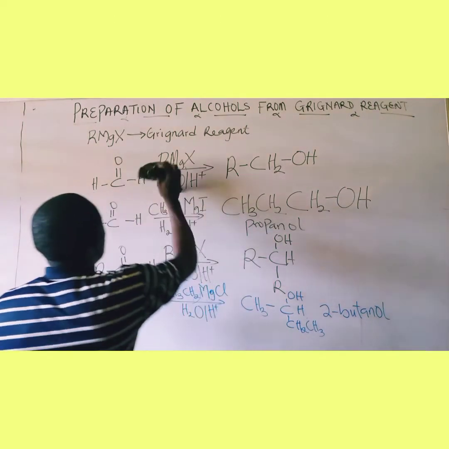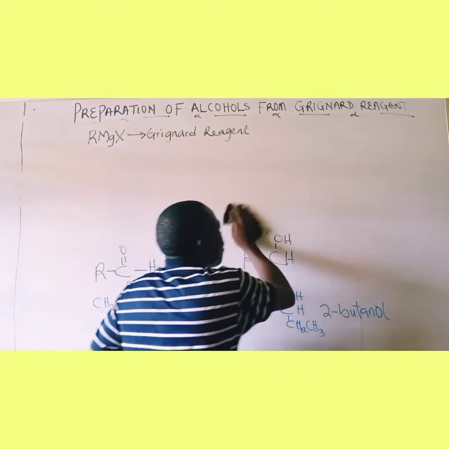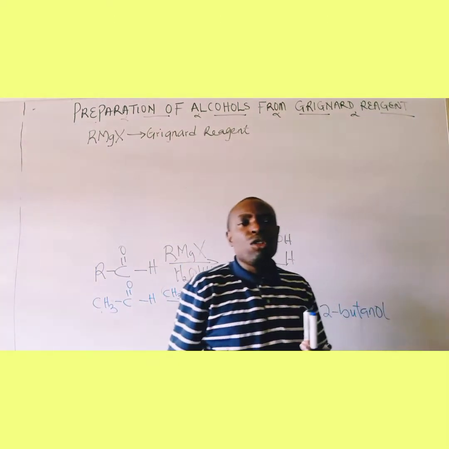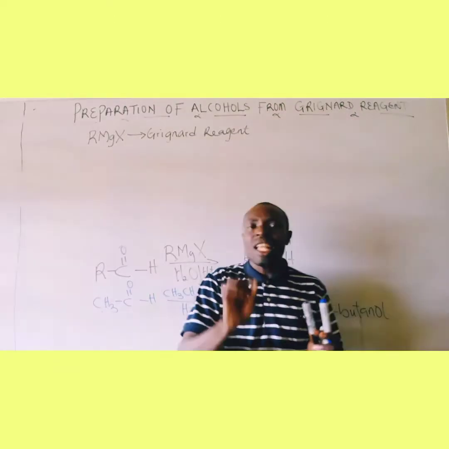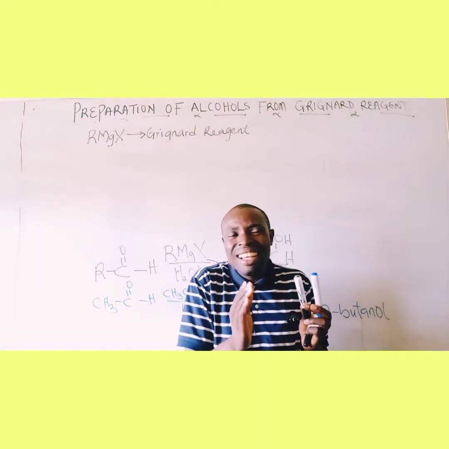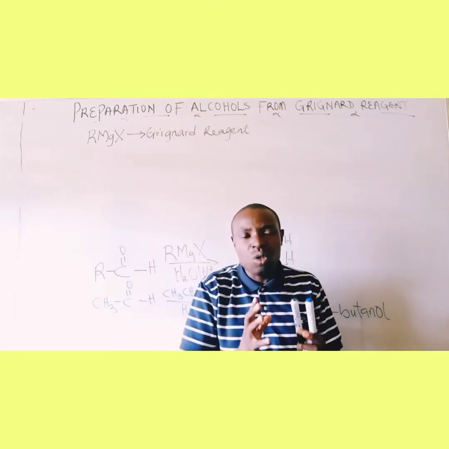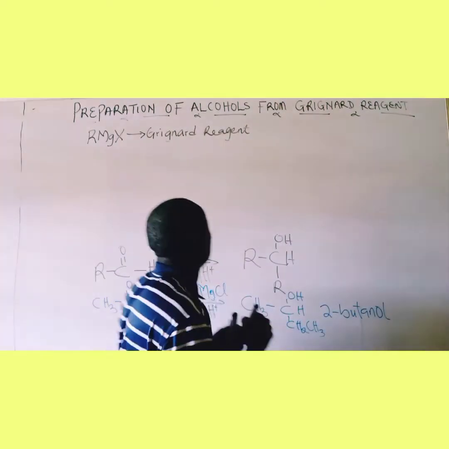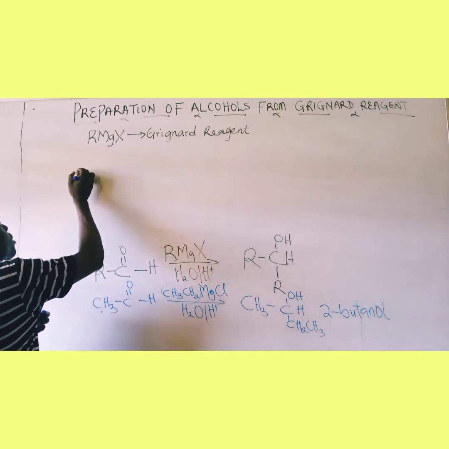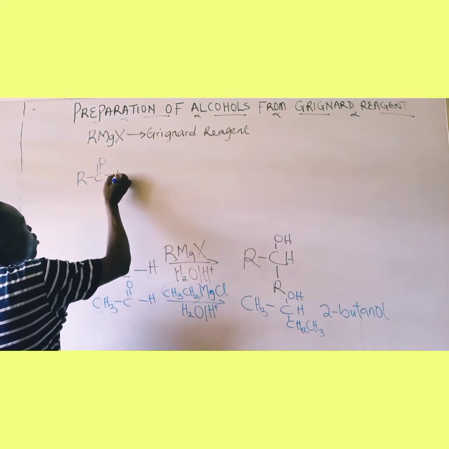Now remember, I told you earlier that to form a tertiary alcohol, we react acetone, or a ketone, with a Grignard reagent. If I'm having something of this nature, I'm giving an illustration.